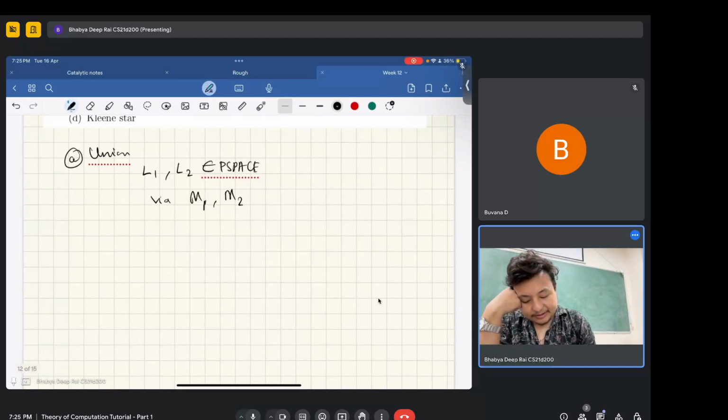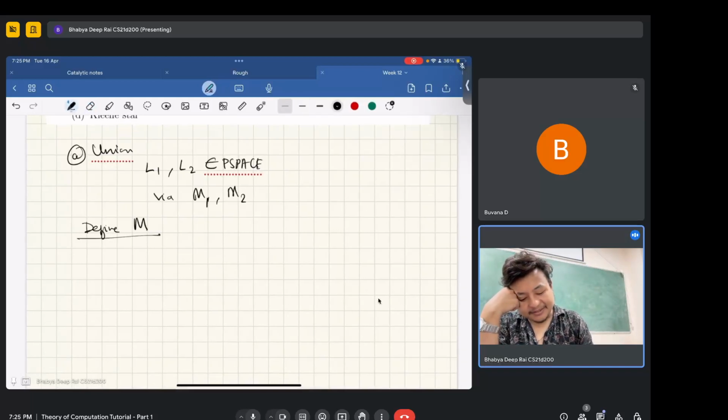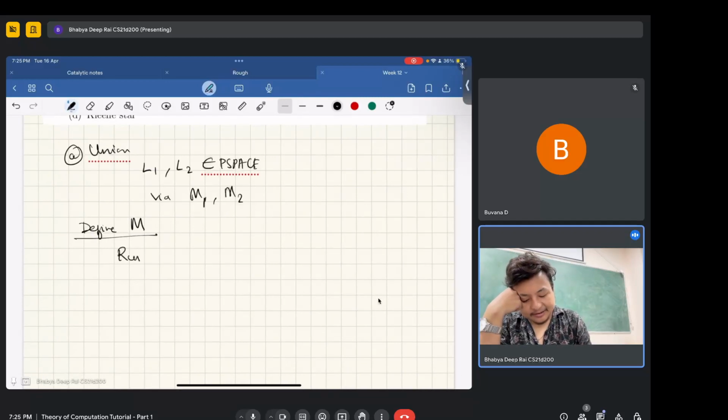So what I'll do is define machine M as follows. I run M1 on the polynomial size tape I have.